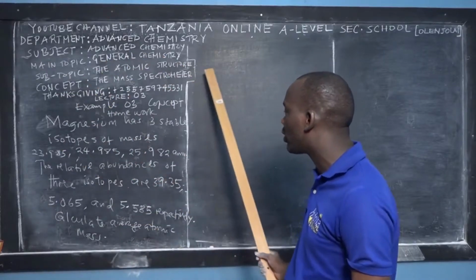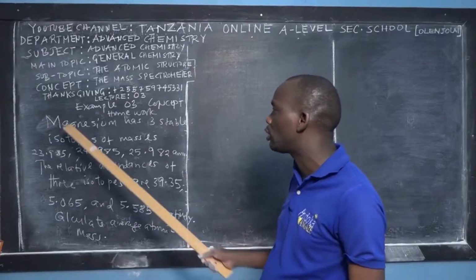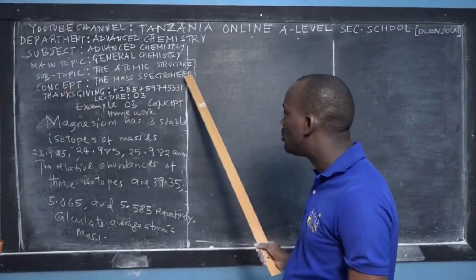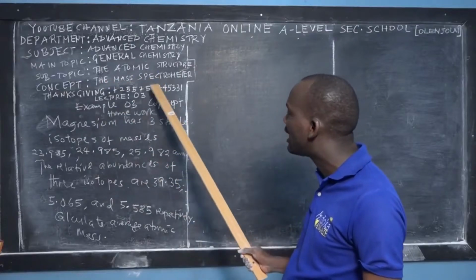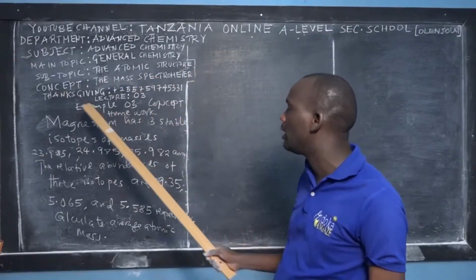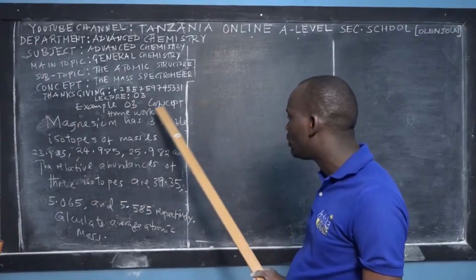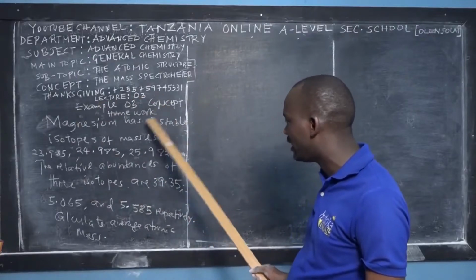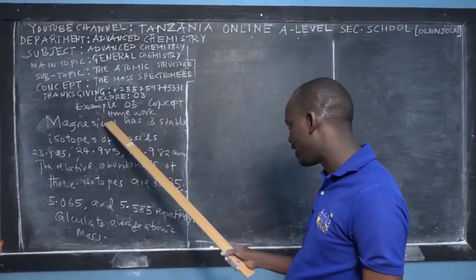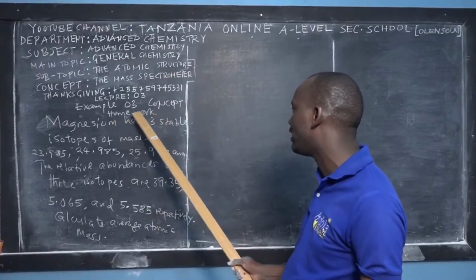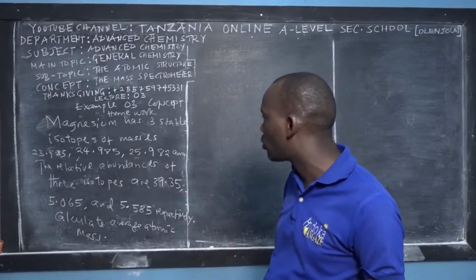The main topic is general chemistry, which consists of a lot of subtopics. The subtopic is called atomic structure according to the syllabus, and the concept we are still discussing is the mass spectrometer. This is lecture 3. It means I've already taught lectures 1 and 2, and we'll be starting with the homework question that I left in lecture 2, in the part of correction.